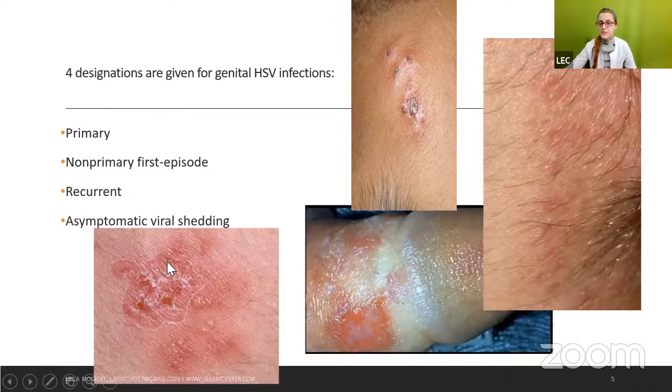In non-primary first episode, maybe you will see a little like this, or sometimes the blisters are opening. And in recurrent, you will see any of these faces. Sometimes you have asymptomatic viral shedding, which is the most contagious phase of this virus, and maybe there are no symptoms and no blisters, and sometimes even no cold sores.